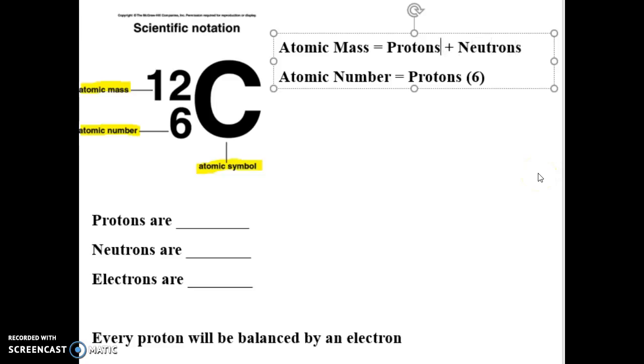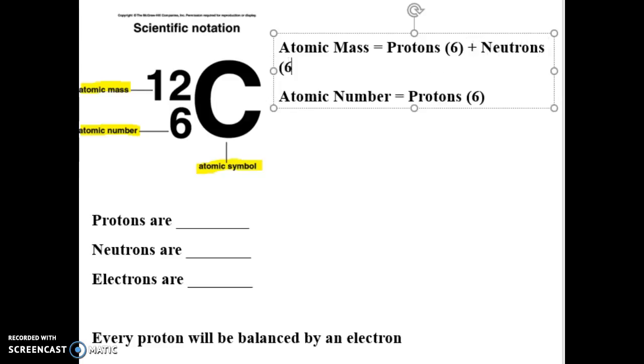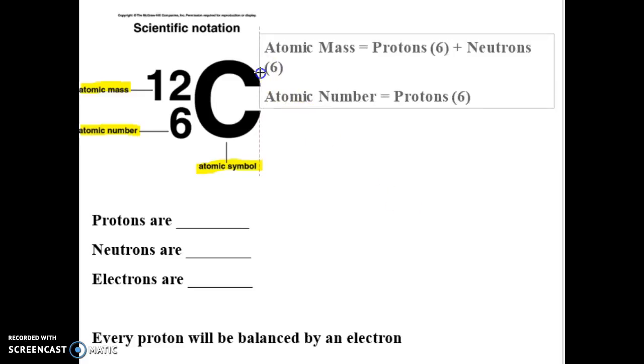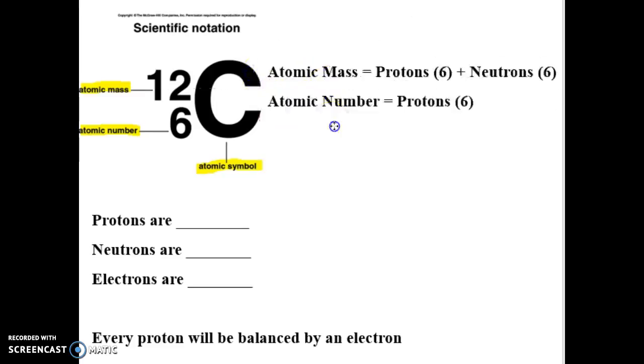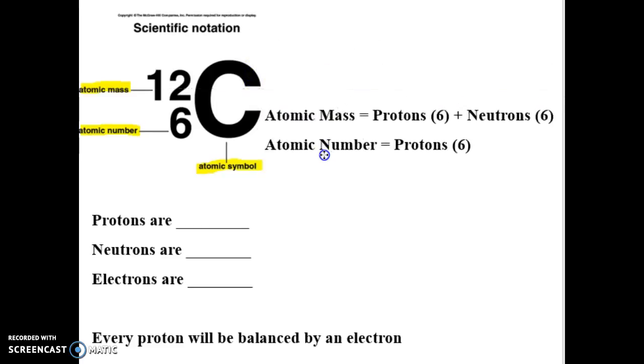So if our atomic mass is 12, and based upon the atomic number there are 6 protons, that tells us the number of neutrons has to equal 6 as well. 6 plus 6 gives us our 12. Let me move this down to give us more space here.